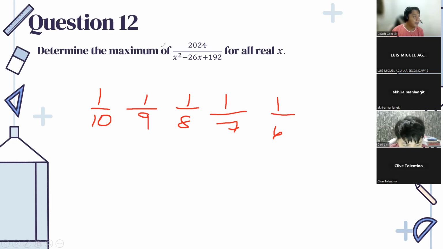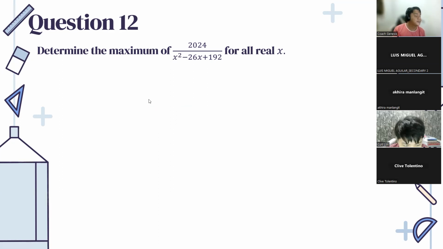The smaller the value of the denominator, the greater the value of the whole fraction. So that means you need to get the minimum of x squared minus 26x plus 192.